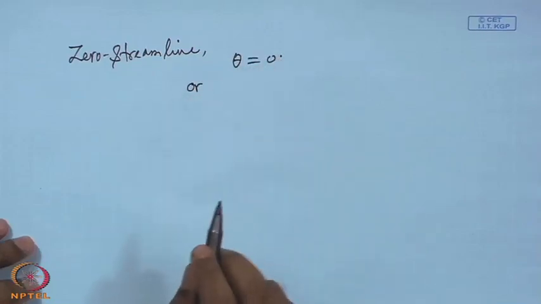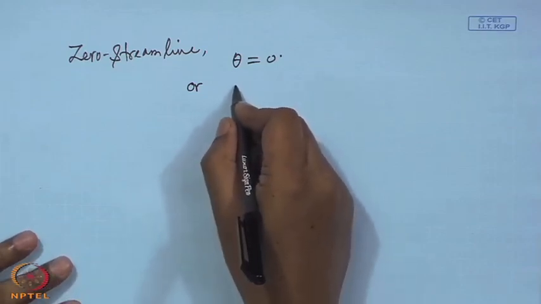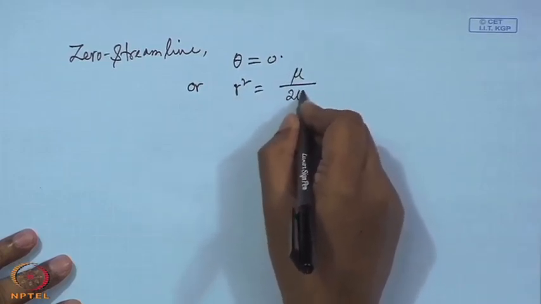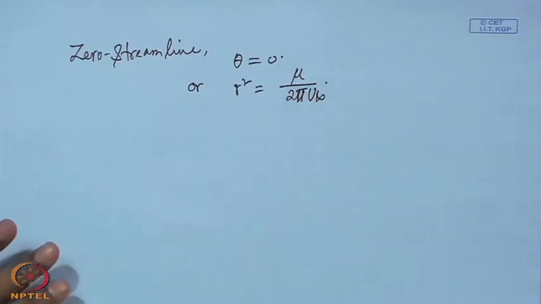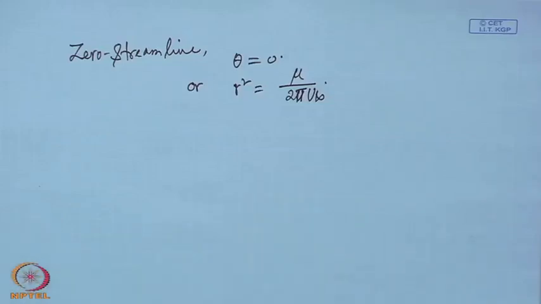Or r square equal to mu by 2 pi u infinity. What is this? r square equal to mu by 2 pi u infinity, that is a circle. So, zero streamline, either the x axis itself, the x axis itself is a zero streamline and also a circular shape.